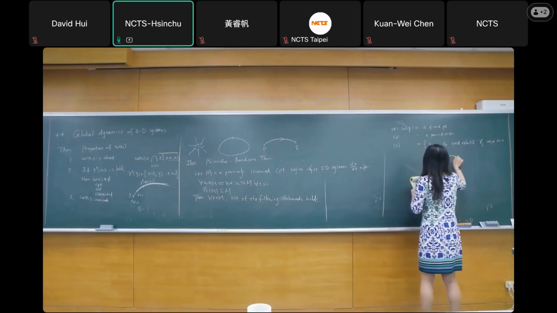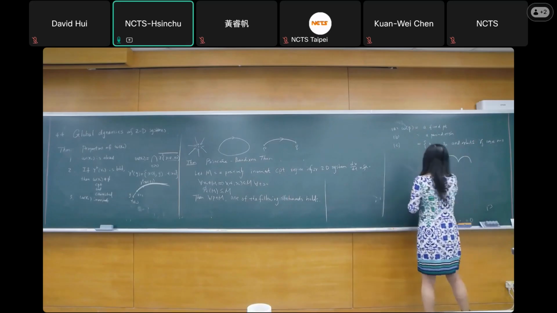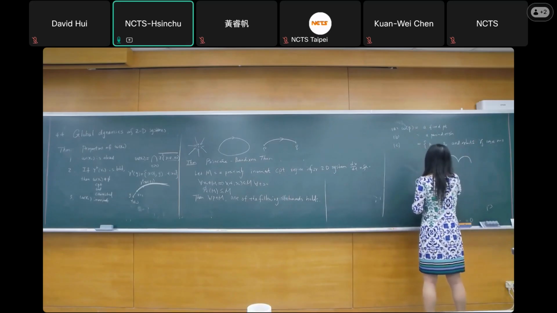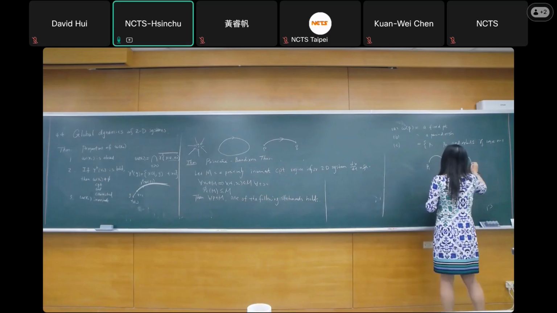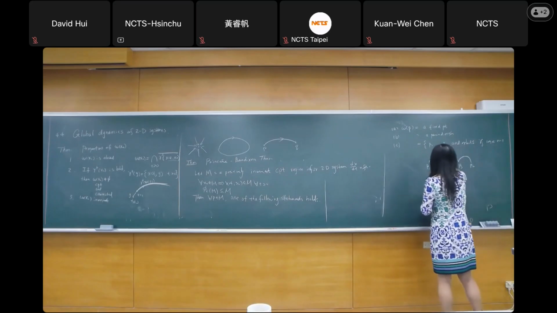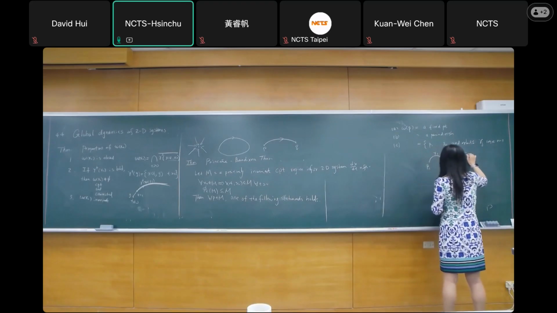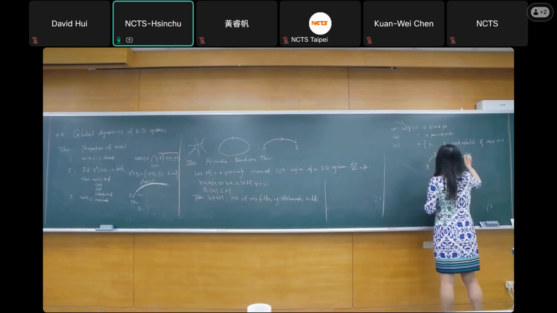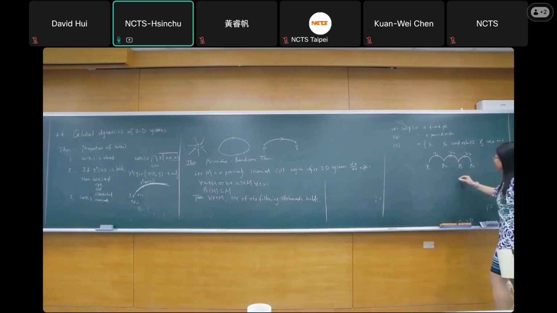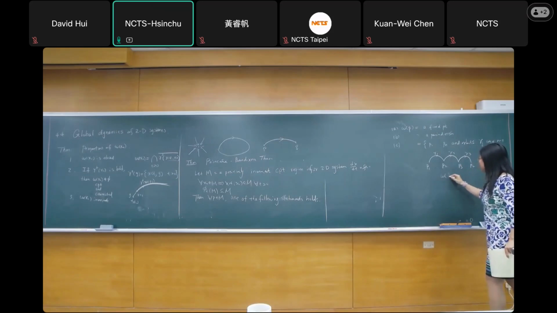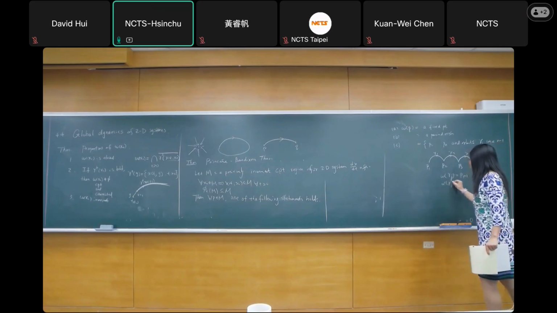Let me just draw those so you'll see. It's P1, P2, P3, P4, etc. So this will be gamma 1, this will be gamma 2, this will be gamma 3. Each gamma j has omega limit set pj plus 1, and alpha limit set pj.